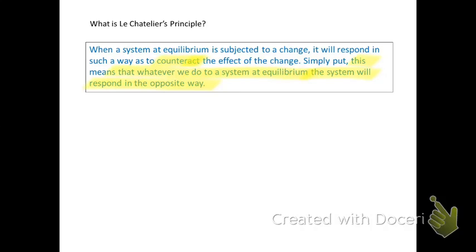If I increase the temperature of the reaction at equilibrium, then the reaction will change in such a way to reduce the temperature. The idea is that anything I do to the reaction, it's going to do the opposite of what I do to try to counteract it. And that's the important point of Le Chatelier's principle. All right, so now let's look at some specific incidences where this will occur.